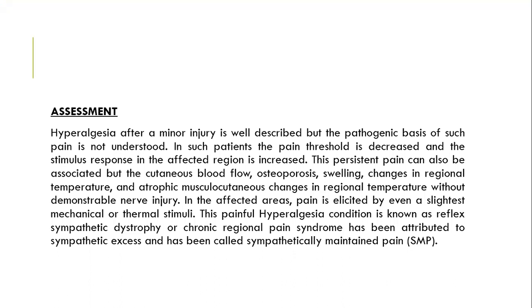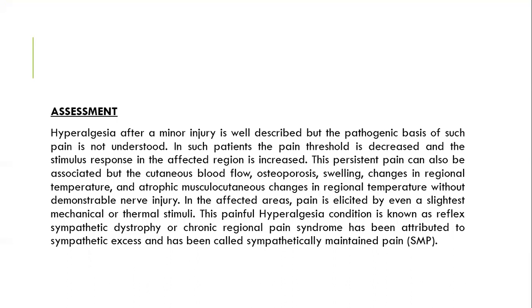Assessment. Due to a minor injury, there was hyperalgesia, but the pathogenic basis of such pain is not understood. In such patients, the pain threshold is decreased and the stimulus response in the affected region is increased. This persistent pain could be because of associated reasons, which could be blood flow, osteoporosis, swelling, change in temperature, and atrophic musculocutaneous changes, with changes in regional temperature without demonstrable nerve injury.